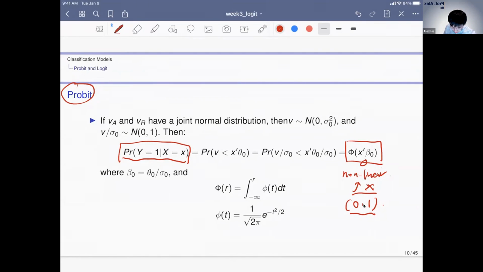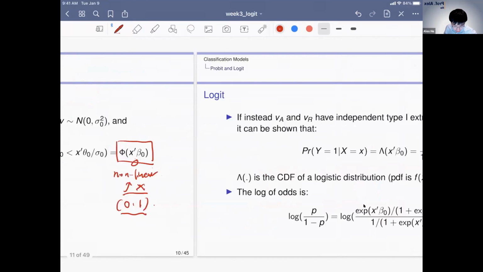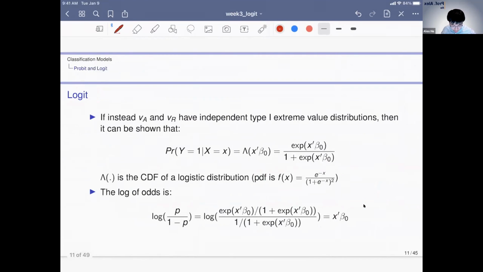And then this just describes what the CDF of the normal is. This is the PDF of the normal, and you just integrate to get the CDF. Okay, so logit is actually the CDF of a particular distribution, called the type 1 extreme value distribution.